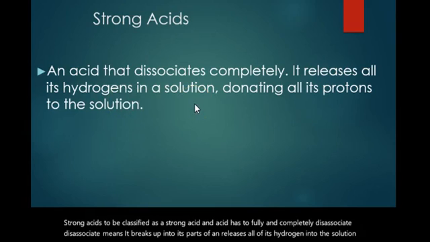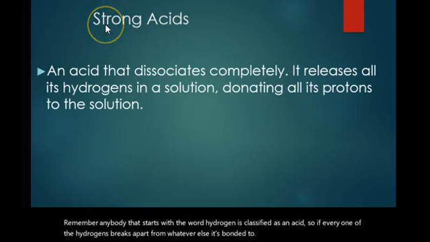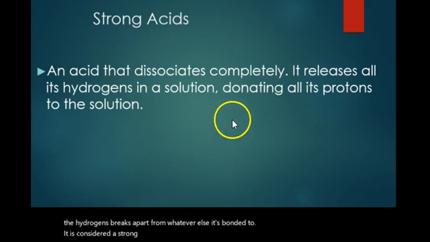Remember, anybody that starts with the word hydrogen is classified as an acid. So if every one of the hydrogens breaks apart from whatever else it's bonded to, it is considered a strong acid. We also say that's called donating all of its protons to the solution.